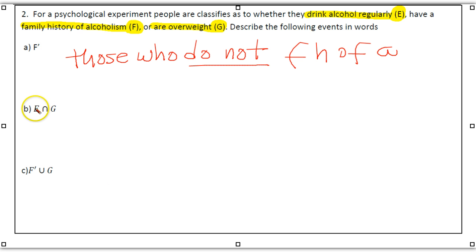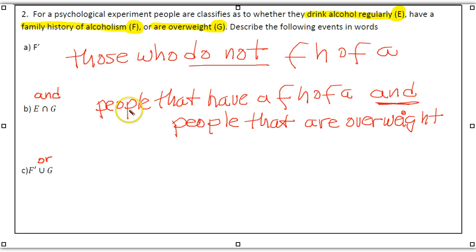Now, as we look ahead to B and C, again, I think you know how to do it. The key is this is going to be an AND. You'll state what set E is and what set G is, and then you're going to use F complement in union, so this will use the word or, set G. And I'll give you a chance, and then we'll write it out.